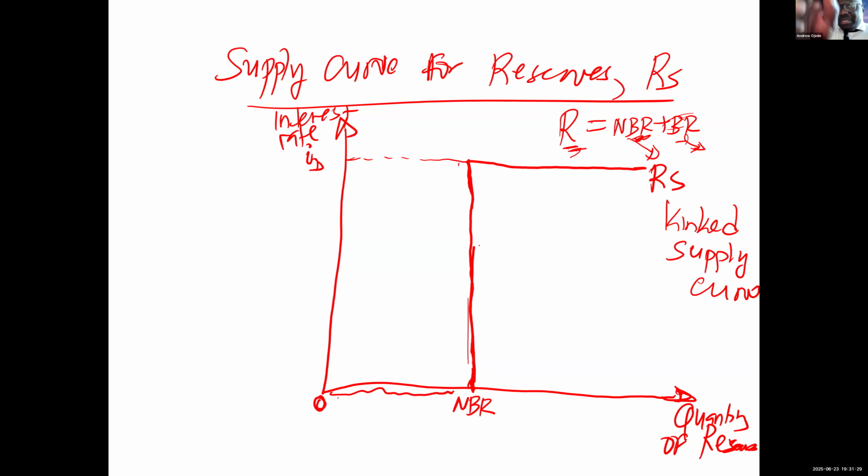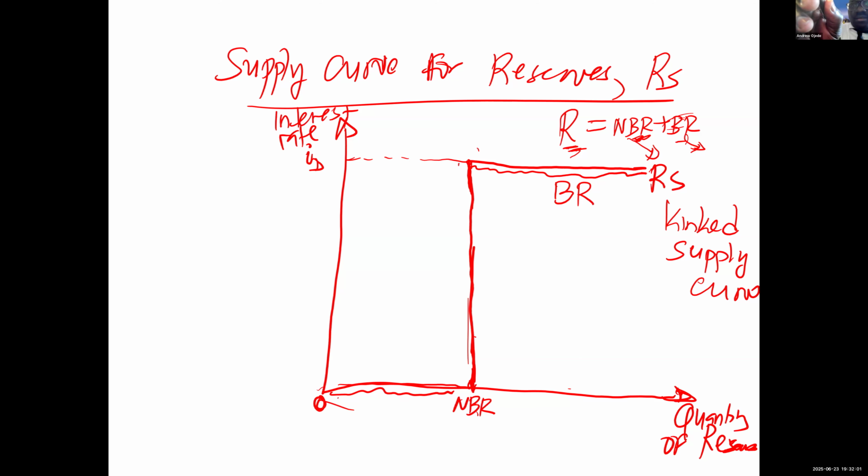Anything to the right of this vertical line, represented by the flat portion, is what we call borrowed reserves. Non-borrowed reserves go up to here, and anything beyond is borrowed reserves.